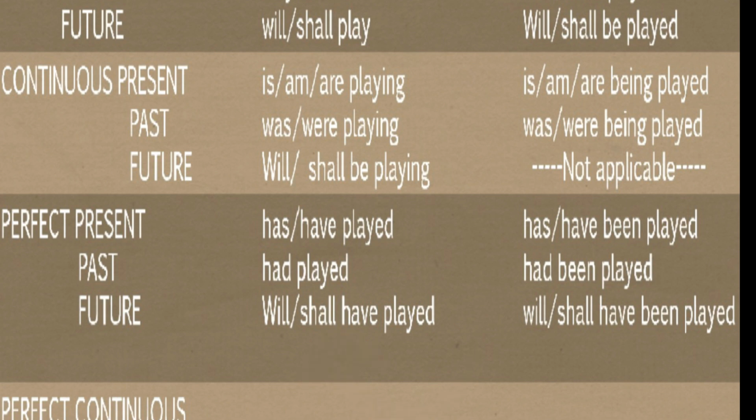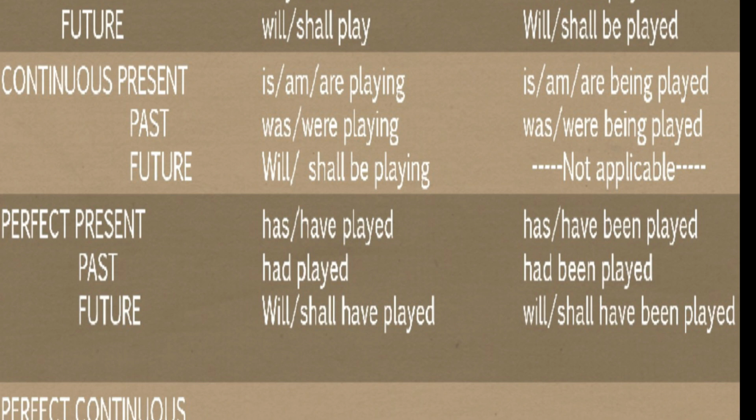And when we change it into the passive voice, it will become will or shall have been played. I hope now it's crystal clear that the verb structure in the passive voice is the verb be plus the past participle or the third form of the main verb.